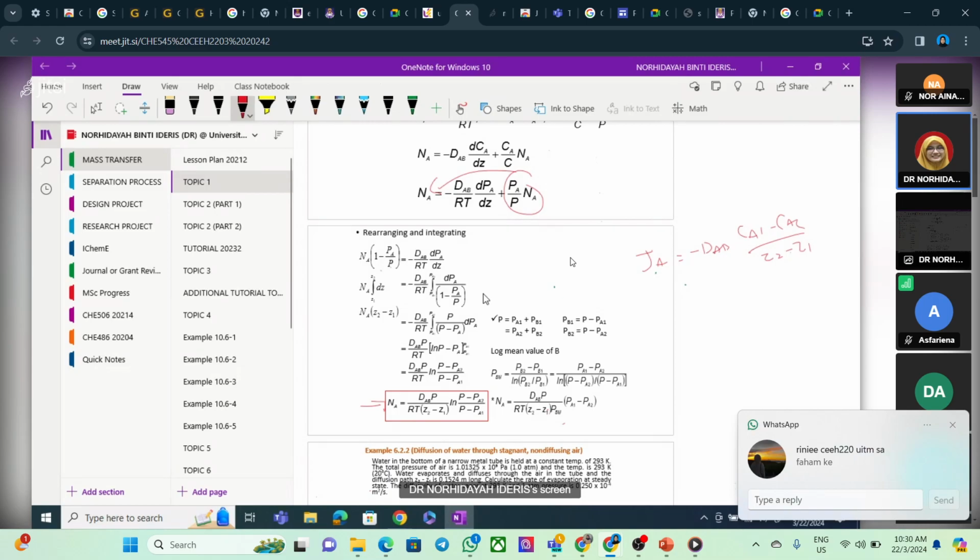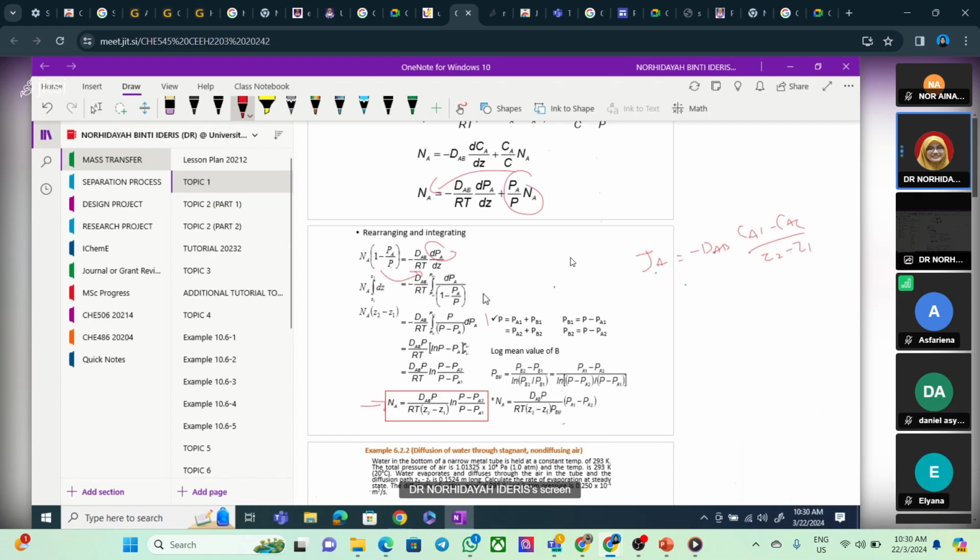You try to solve it again, boleh cuba sendiri, buat sendiri. And then finally you will have this equation. So apa yang berbeza dekat sini ialah kita still ada lagi DAB, cumanya bahagian calculation of the pressure gradient tu dia akan berbeza.